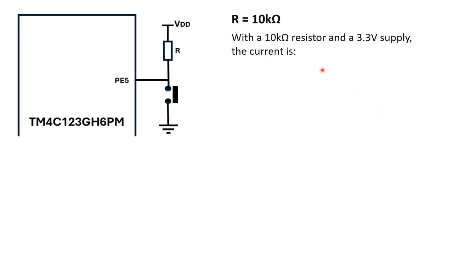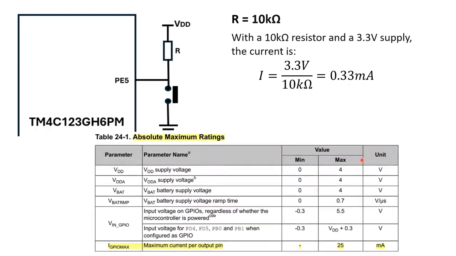Now, with a 10K ohm resistor and a 3.3 volt supply, the current is, using this equation, I equals 3.3 volts divided by 10K ohms. That will give us 0.33 milliamps.